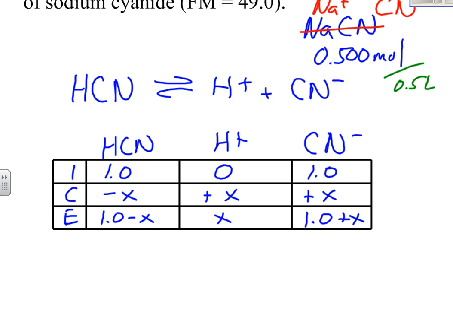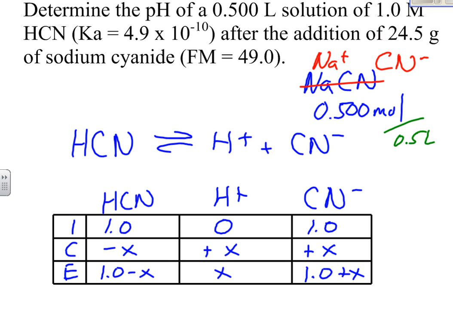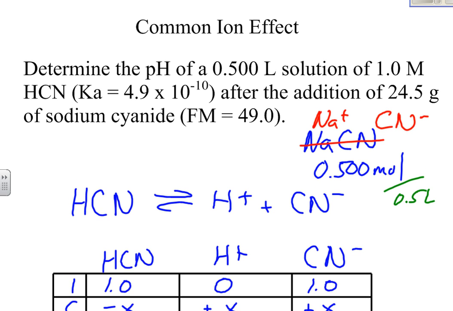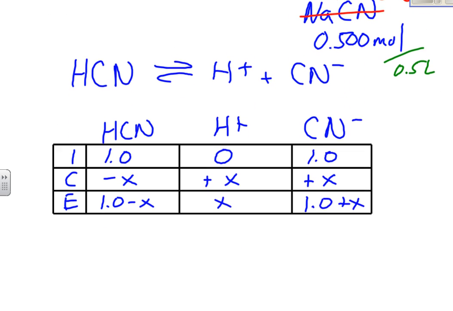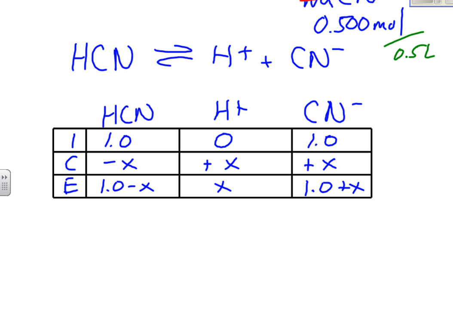Our equilibrium constant, if you recall, is rather small. It's 4.9 times 10 to the minus 10th. So we can pretty much assume that that minus x and plus x is going to be small enough to ignore.